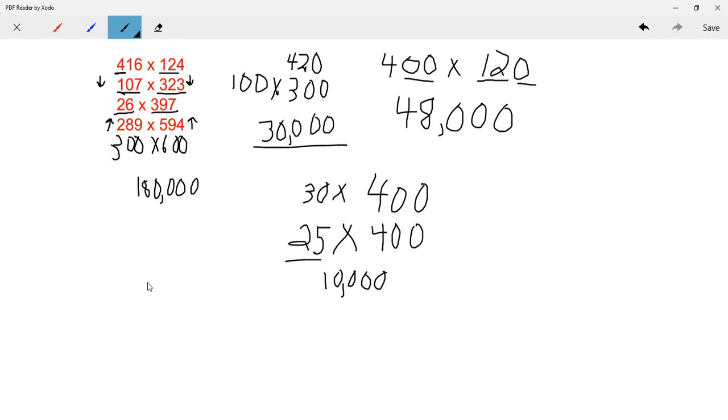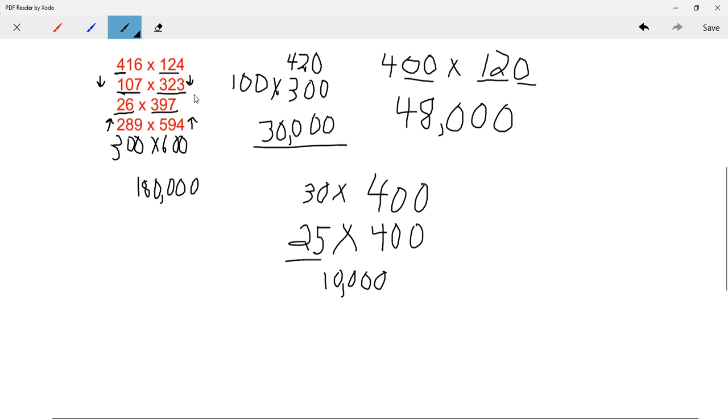Even when I'm at the grocery store trying to figure out how much something would be, if it's $6.87 and I want to know how much 5 of them will be, I'll just think of that as $7, and then 7 times 5 would be $35, right? So this is a skill that adults use.